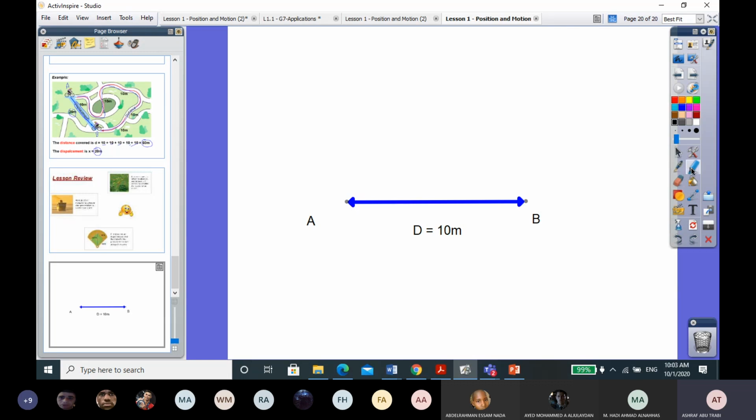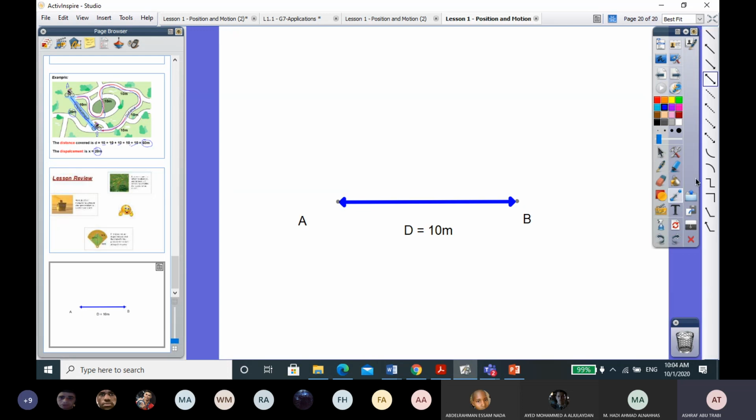But suppose another example here, guys. Let's say I cannot go directly from here to here, so I will go in another path. I will go this way, another time this way, another time that way, and finally I will reach the point that I want. So I will see what is the distance between each point.